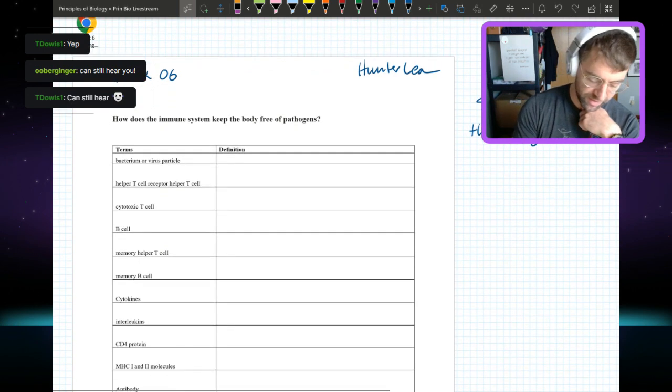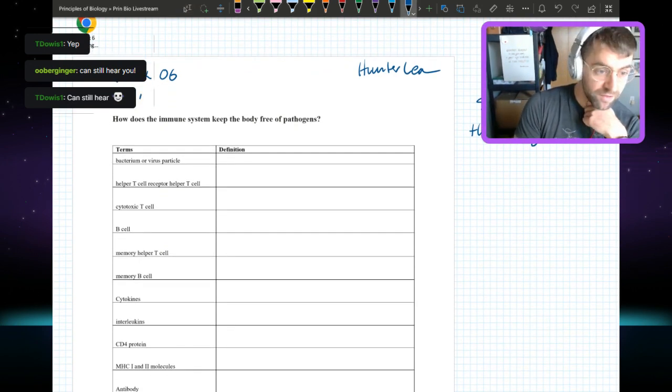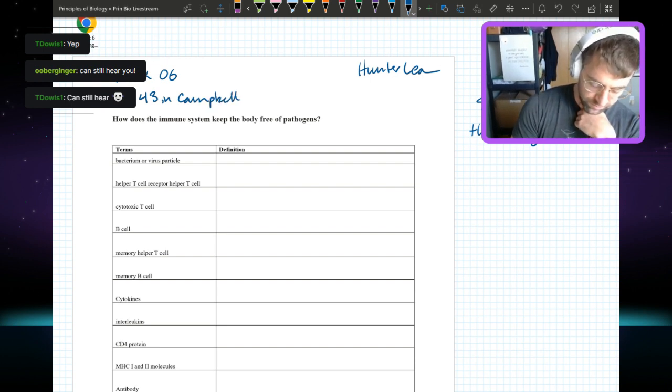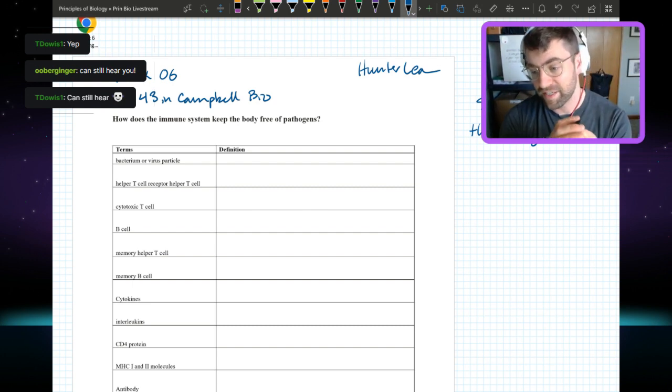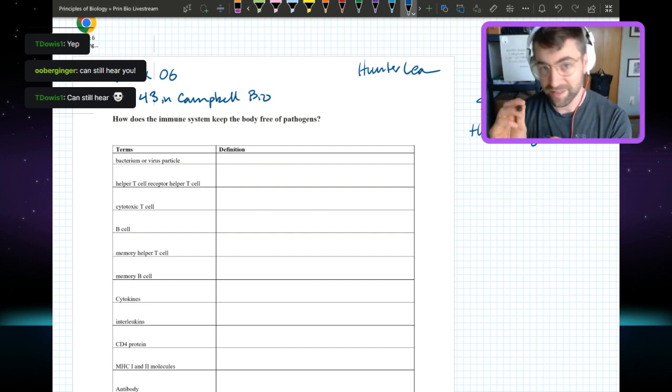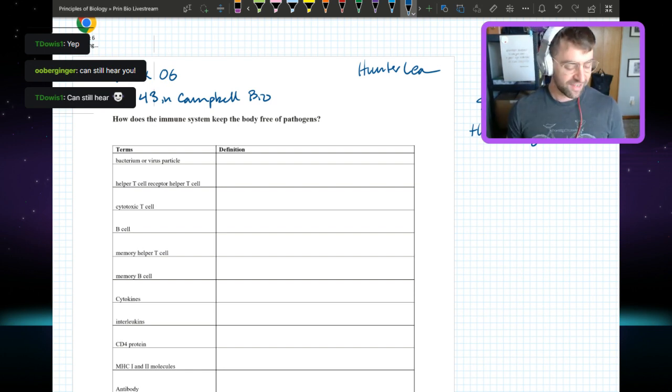I'm going to go ahead and write that here. Chapter 43 has a lot of really helpful graphics if you are someone who does digital flashcards. Doing some screen grabs of those and then doing image occlusion will be very helpful for these.